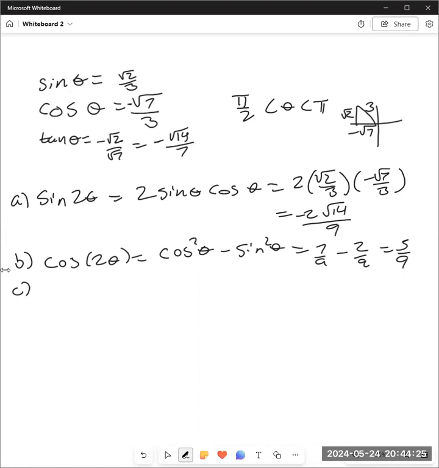And C asks me to find sine of theta over 2. So theta over 2 is going to have to be between pi over 4 and pi over 2, which is in the top half of quadrant 1, which is going to have a positive sine value. So that's going to be the square root of (1 minus cosine theta) over 2.